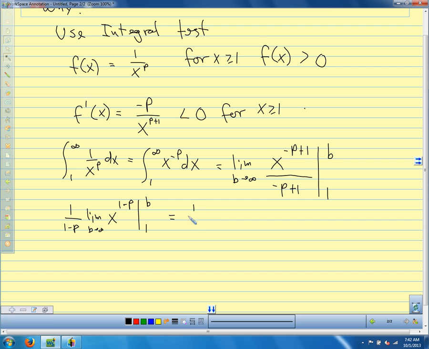And this equals 1 over 1 minus p, the limit as b approaches infinity of x to the 1 minus p, evaluated from 1 to b, so b to the 1 minus p minus 1 to an exponent, so minus 1.